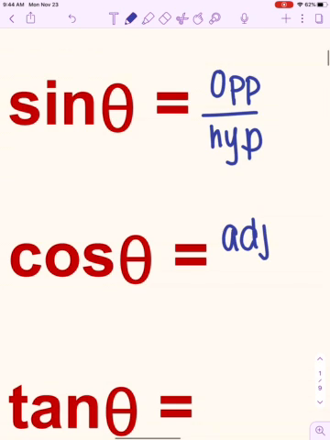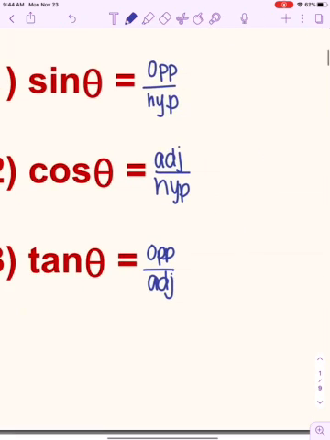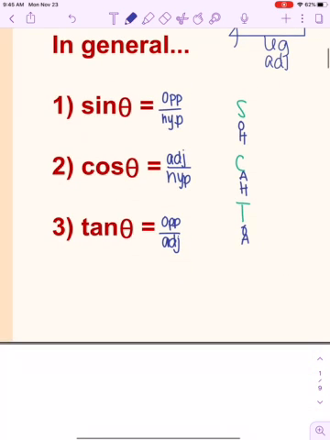Cosine is adjacent over hypotenuse, and tangent is opposite over adjacent. Also known as SOHCAHTOA.